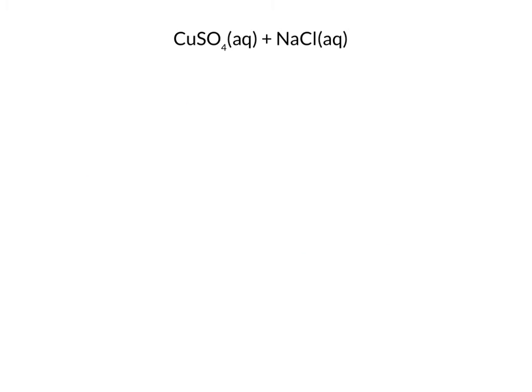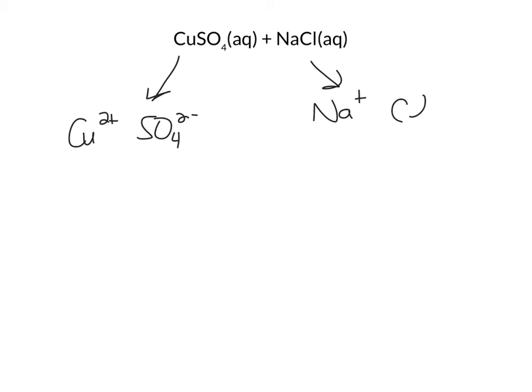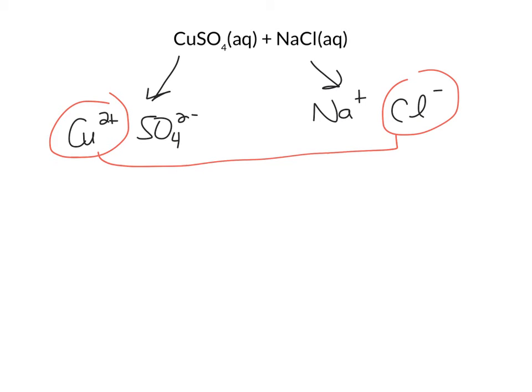Okay, next up, let's look at copper 2 sulfate reacting with sodium chloride. So we break these into ions. We get Cu2+ and SO4 2-, and Na+ and Cl-. So we can take those ions and swap partners. Put the Cu2+ with the Cl-. And so we need to balance charges when we combine those.